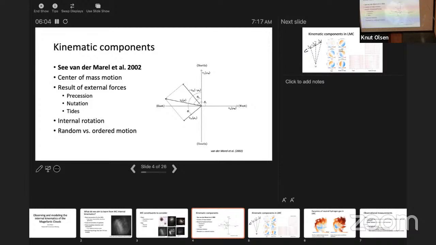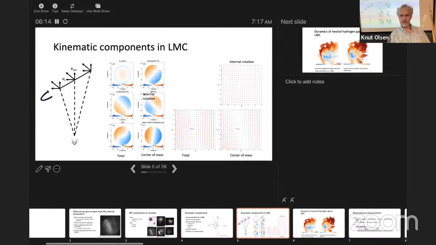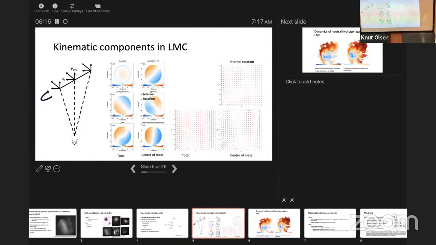So this figure from Roeland's paper just sets up the coordinate system that we have used throughout our work. And the thing to consider is that for a galaxy like the LMC, which I'm just diagramming here as a flat plane tilted with respect to our line of sight, can have some internal rotation.